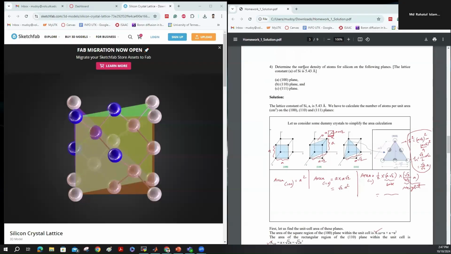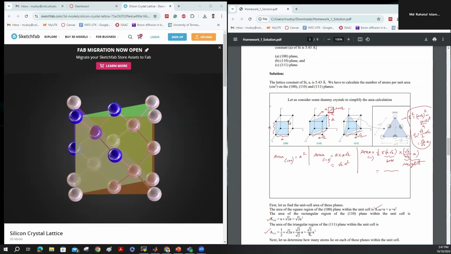So in this question, you have to determine the surface density of atoms for silicon on these 3 planes, and the lattice constant is given 5.43 angstrom. So what we need to do is see what atoms are there in these planes. So let's start with 100 plane.